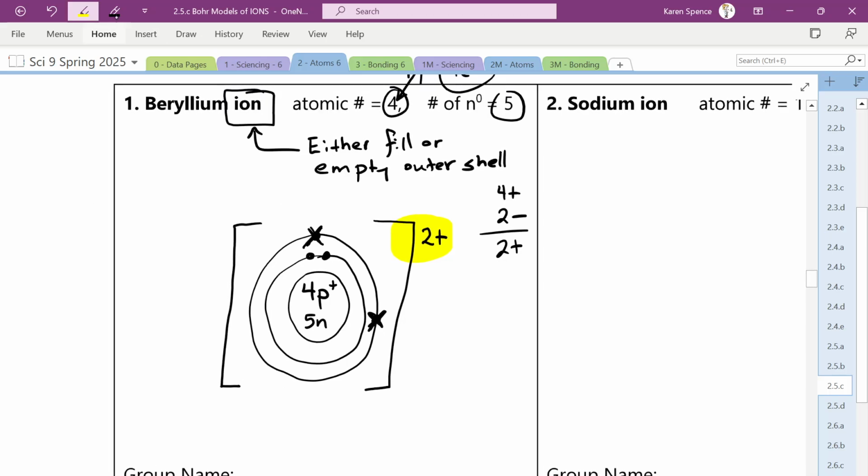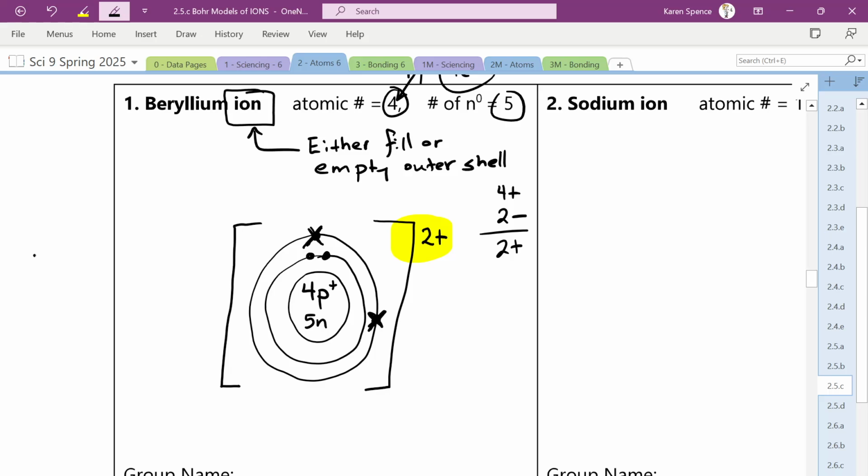This is just a little review of the names of the groups. If you have forgotten the names of the groups, they are on page 4 in your book.